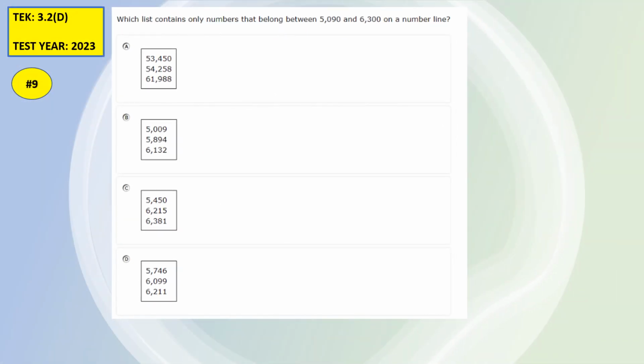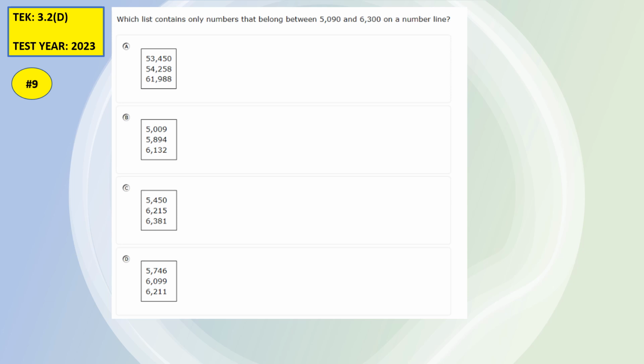Number 9 says, which list contains only numbers that belong between 5,090 and 6,300 on a number line?